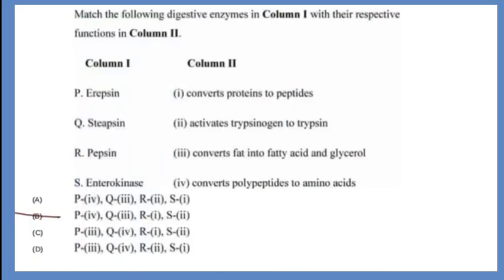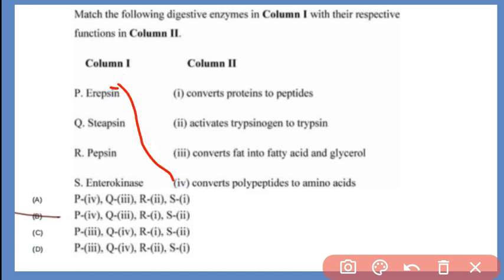Next, match the following digestive enzymes in column first with their respective functions in column second. First, erepsin. Erepsin is a mixture of enzymes contained in a protein fraction found in intestinal juices that digest peptones into amino acids. Erepsin is produced and secreted by the intestinal glands in the ileum and the pancreas, so it converts polypeptides into amino acids.